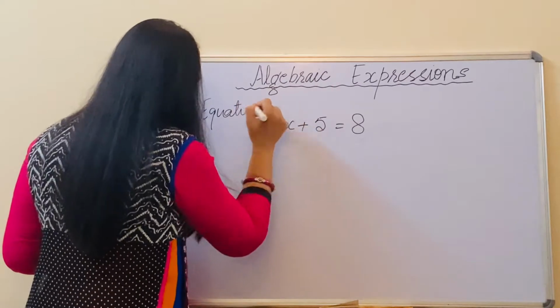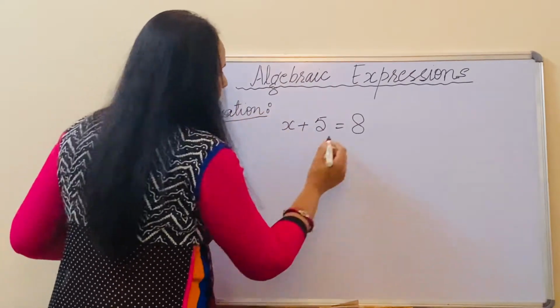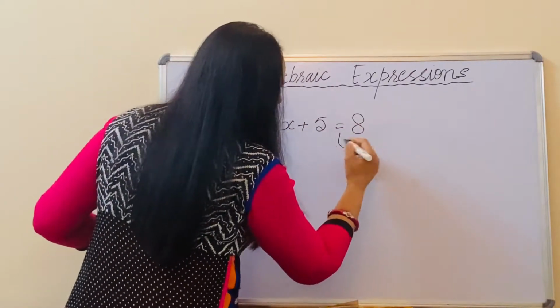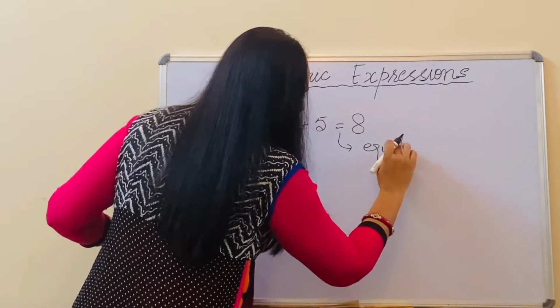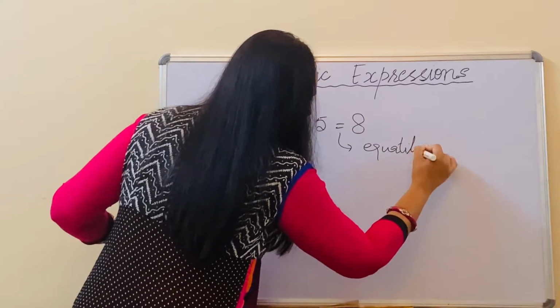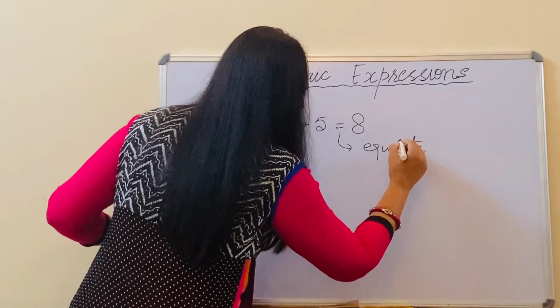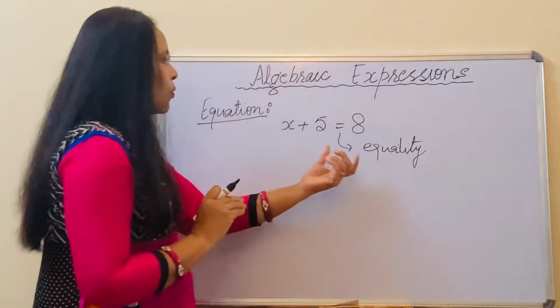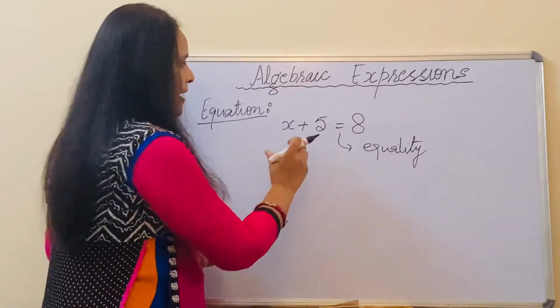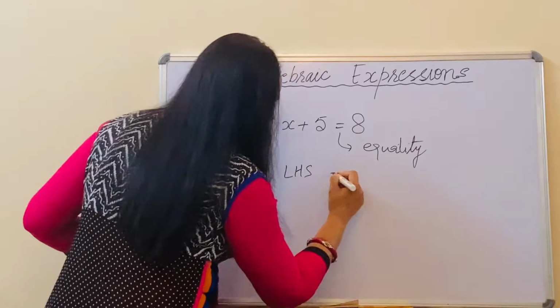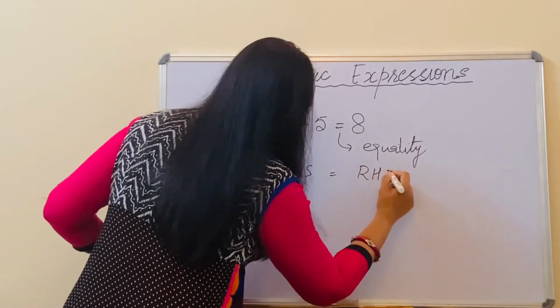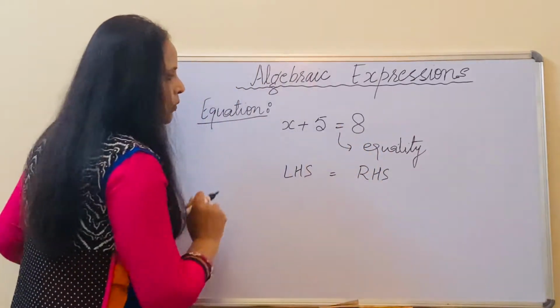Equation uses the sign of equality. This is the sign of equality. So what does equality mean? It has two sides, a left hand side and a right hand side with an equal sign.